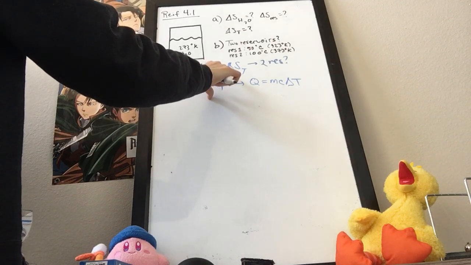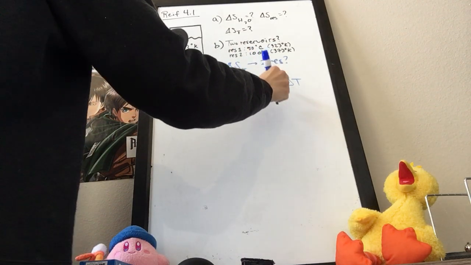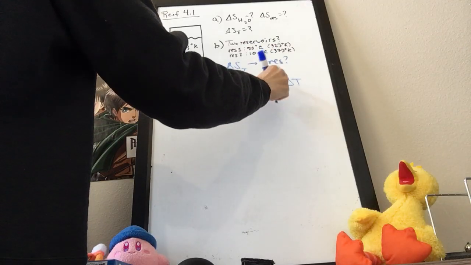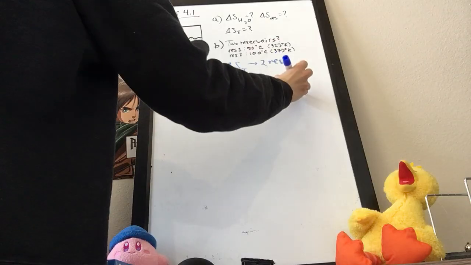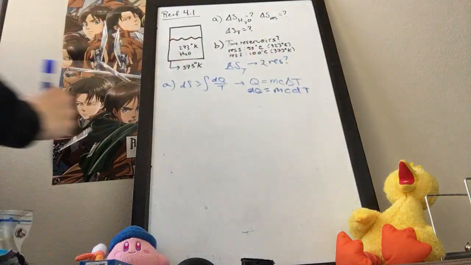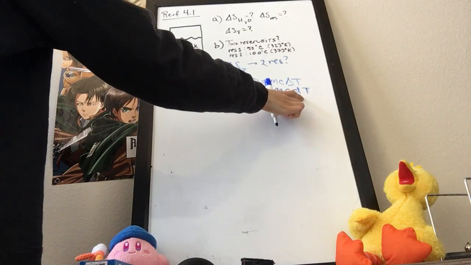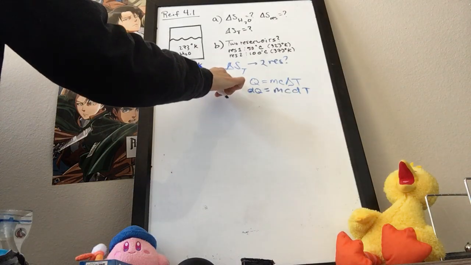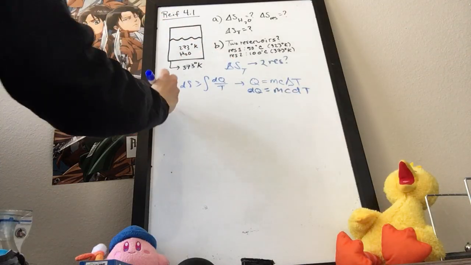Now, because this is a differential form, we're going to say that dq is equal to the mass of our object times the specific heat again, dT, because we're integrating. So what we do is substitute this for our dq, and then we can integrate over a change in temperature for our water.